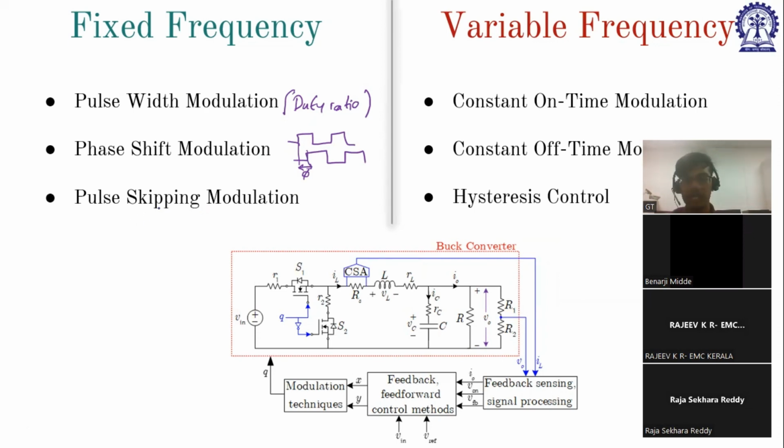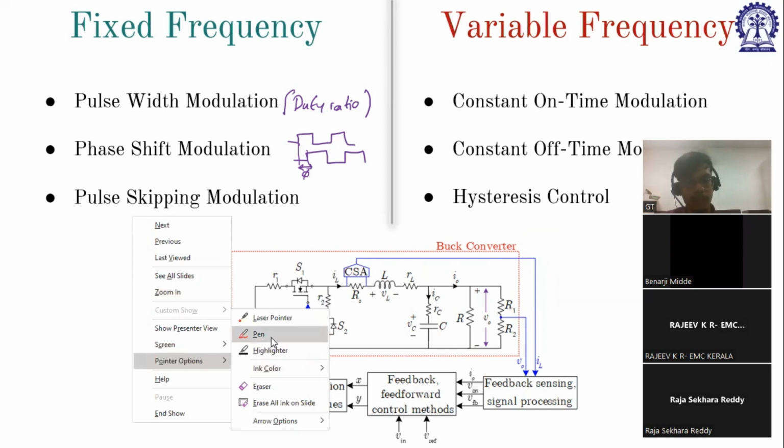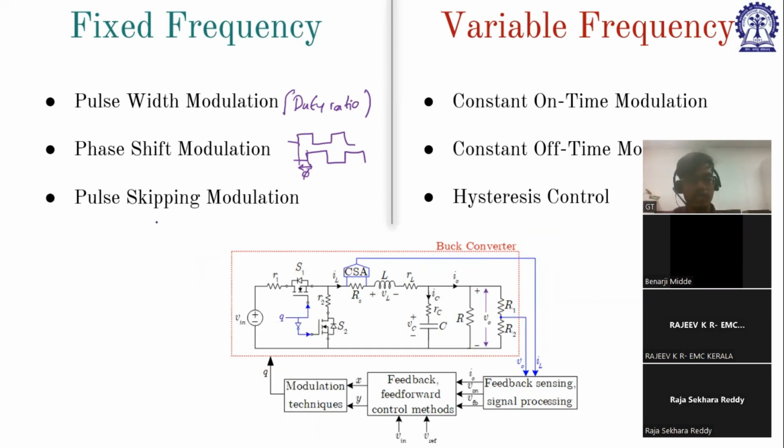We can discuss this in detail in week 9 or week 10. For now, remember that in pulse skipping modulation there is something called a charge cycle and a skip cycle. It will be on for some time in one cycle, completely off in the next cycle, and on again in the other cycle. Let's not bother about this now. We'll discuss it in the upcoming weeks. Sir will be discussing this in detail.